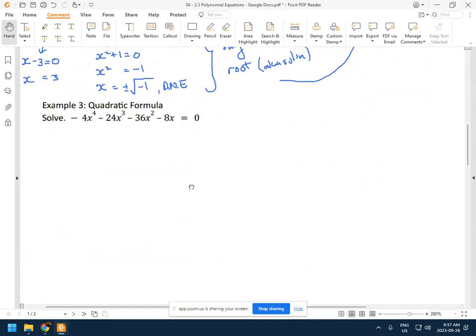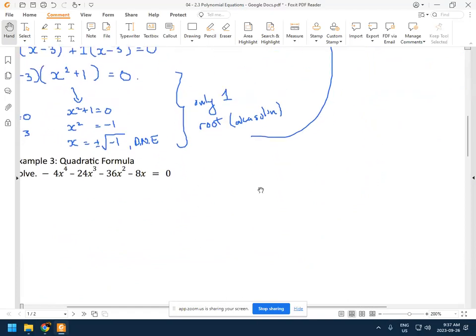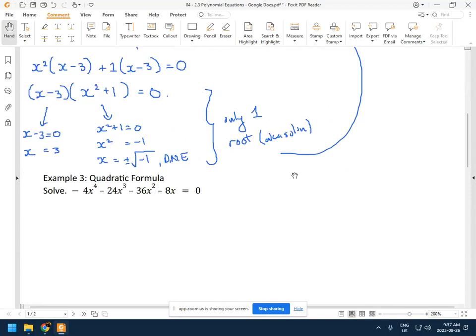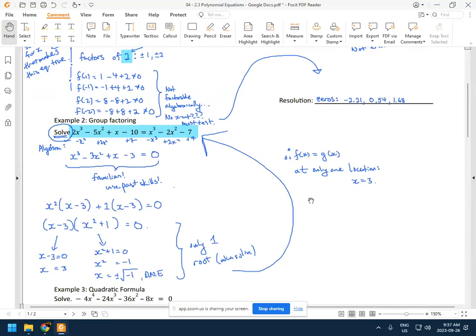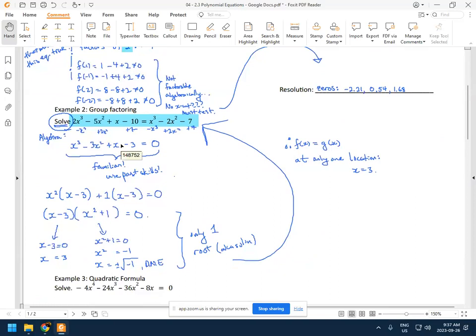Example 3. Oh, yes. So does that mean that x equals 3 is an x-intercept? It is not an x-intercept. Well, here's the thing. Doesn't it look like an x-intercept? Why does it look like an x-intercept? Because we manipulated the equation. We turned it into a question that looks familiar. That's why I said, hey, is that familiar? Use your past skills. You worked really hard to learn your factoring stuff all the way from grade 10.